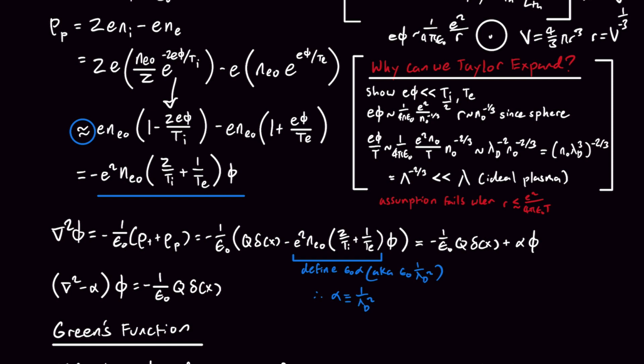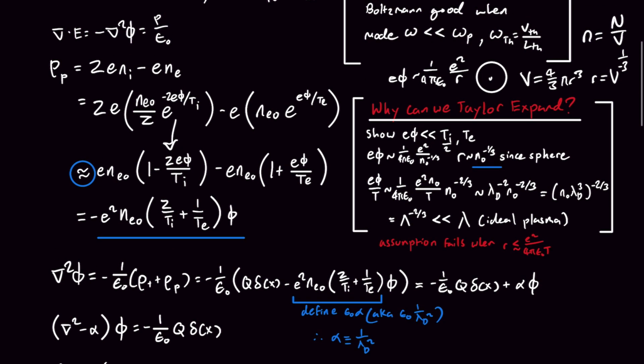In this case, we want to set r equal to the density to the power of negative 1/3, because we're working kind of in spherical. This is just a rough estimate, but it's generally the case. And next, we just divide this by the temperature just to get the ratio.